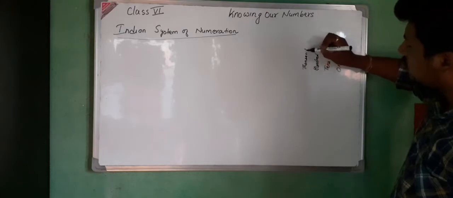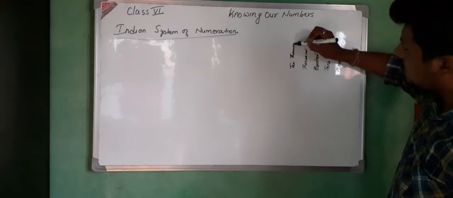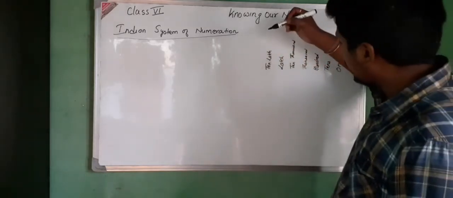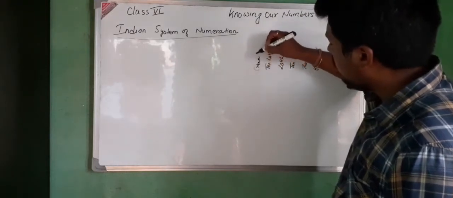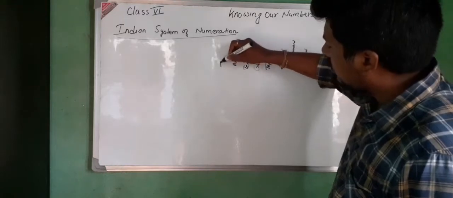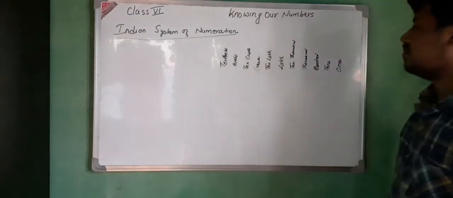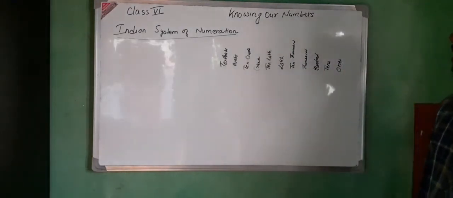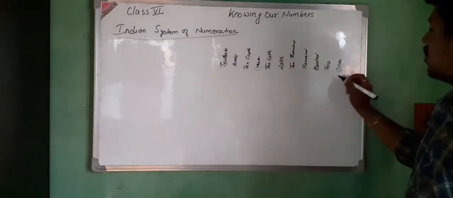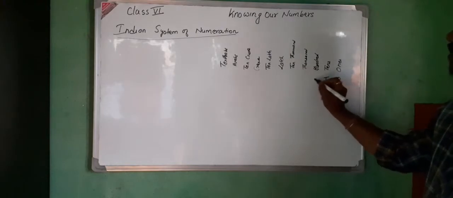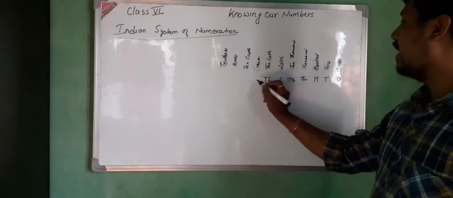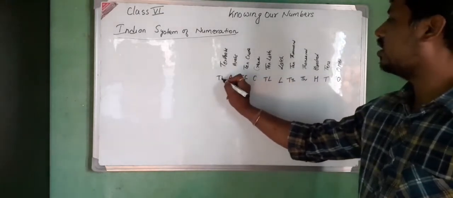The chart that comes under the Indian system of numeration is, as we know: ones, tens, hundred, thousand, 10,000, lakh, 10 lakh, crore, 10 crore, arb, then 10 arbs. In short form, O denotes ones, T, H, TH, TTH, lakh, 10 lakh, crore, 10 crore, arb, 10 arb.